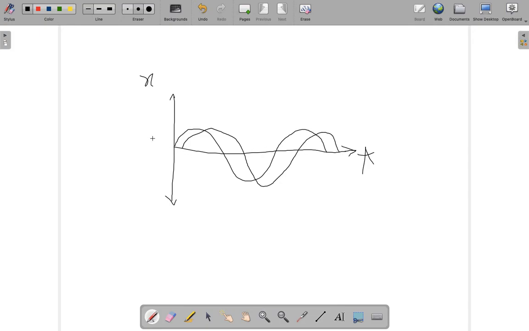Now, if you see, both of them have the same amplitude, which I'll just mark over here, generally given by x0. Then both of them have the same wavelength as well. Oh, sorry, that's not the wavelength.